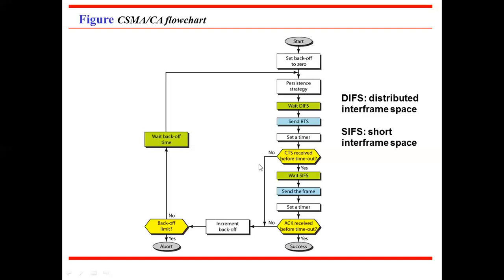If it goes beyond that, the output is not under control, so it is a system failure. That is defined as abort. Otherwise, if it is less than the backoff limit, then wait for the backoff time, and it starts again in this way. So this is a loop.